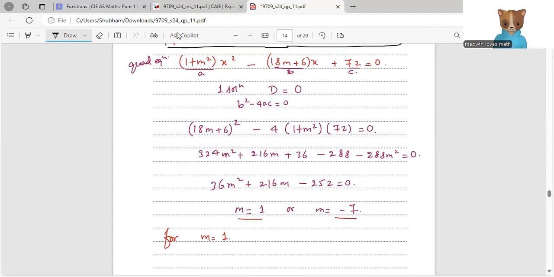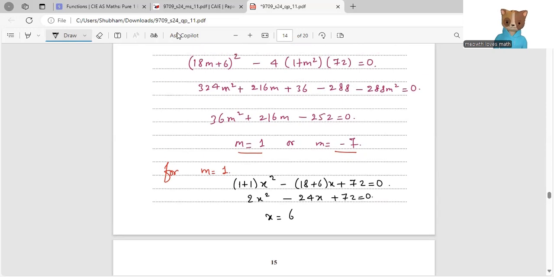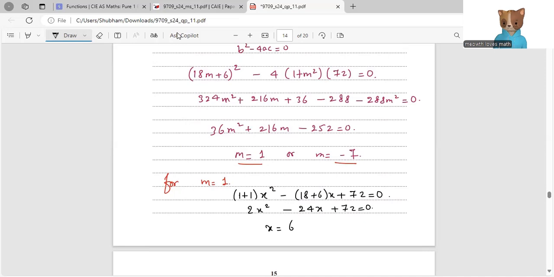So 1 plus 1 x square plus 18 plus 6, not plus, it's minus, x, and then plus 72 equal to 0. So what we get from here is 2x squared minus 24x plus 72 equal to 0. Once you solve for x, you'll get x equal to 6 from here. And now we got m equal to 1 when x is equal to 6, right?